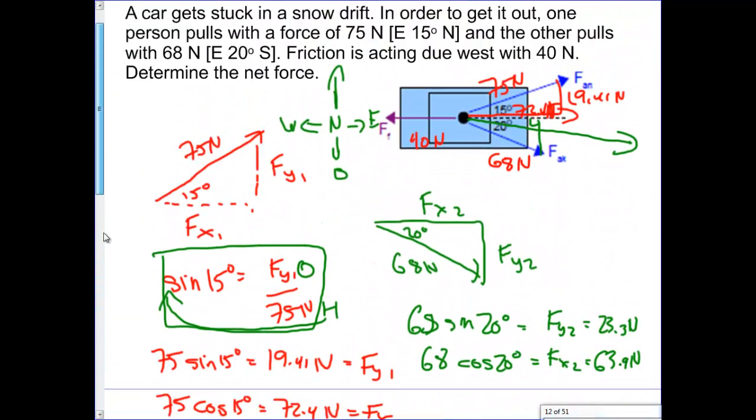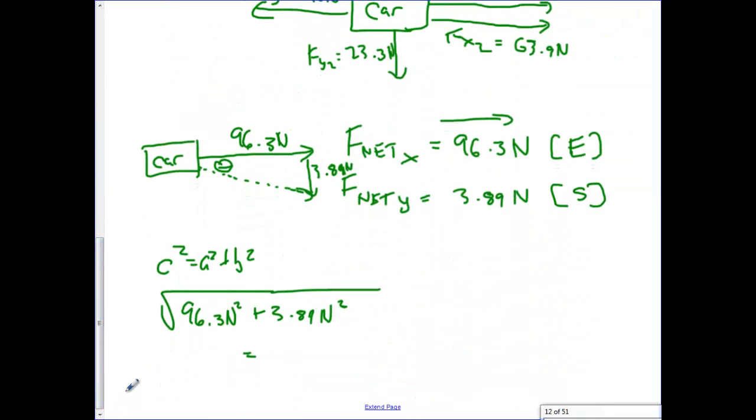So 2 sig digs? 96 newtons? 2 sig digs, 96 newtons. And then we need to have an angle as well.